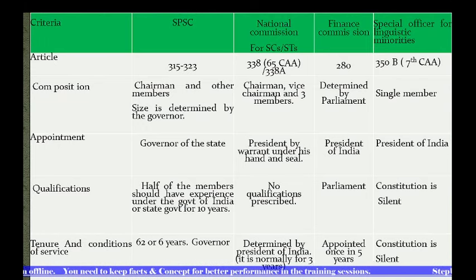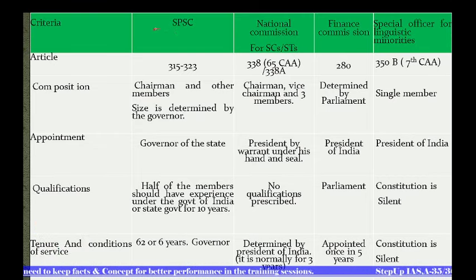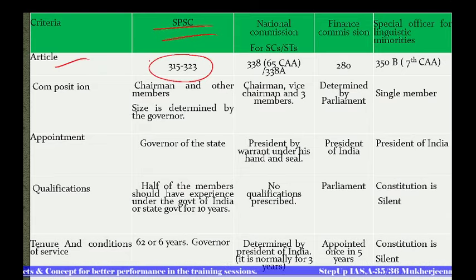Now this is the criteria for the State Public Service Commission. For the State Public Service Commission, the articles mentioned are between 315 and 323. The National Commission for SC and National Commission for ST are in Articles 338 and 338A.